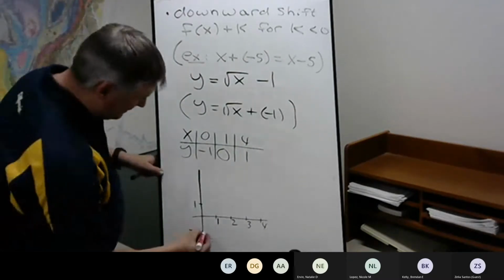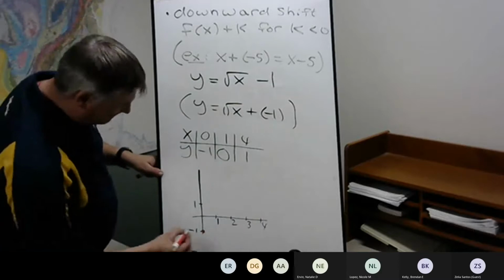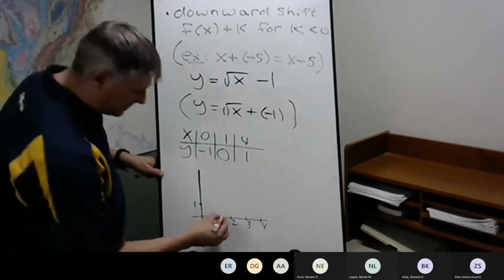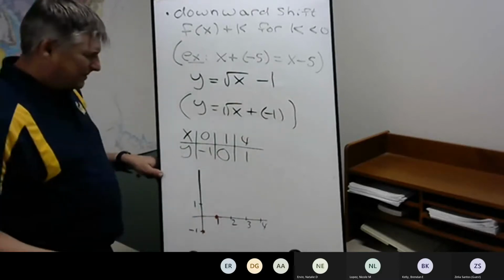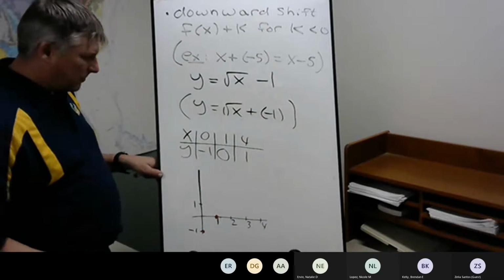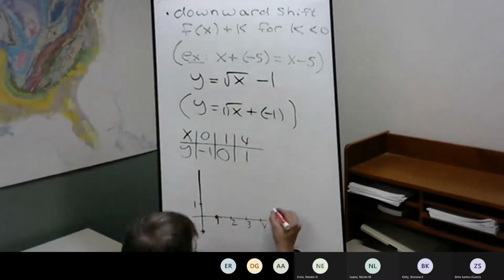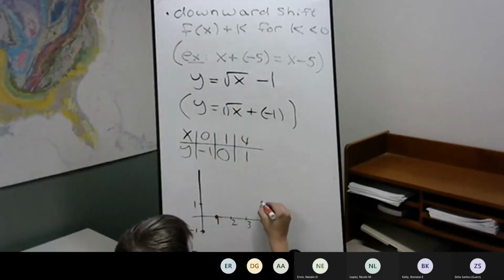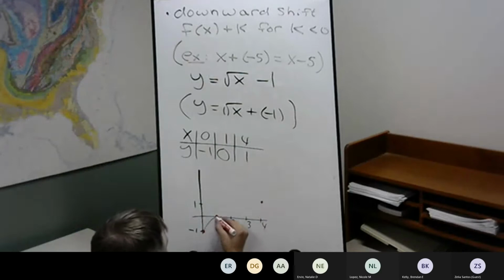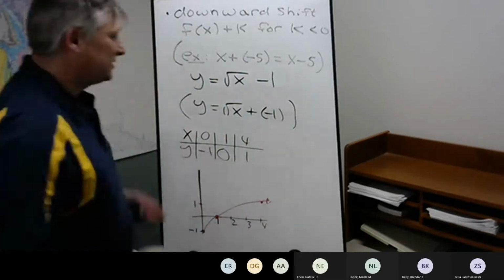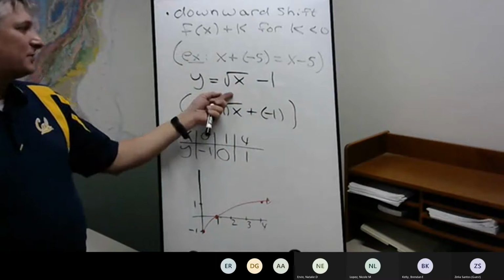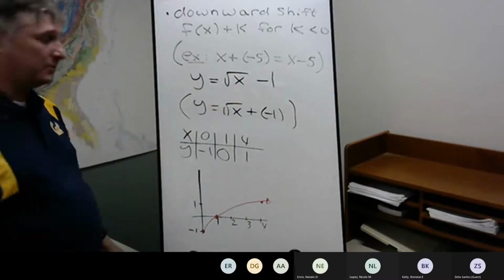So we have x is 0, y is negative 1. X is 1, y is 0. And then x is 4, y is 1. So what this does is it shifts y equals square root of x down 1 unit.